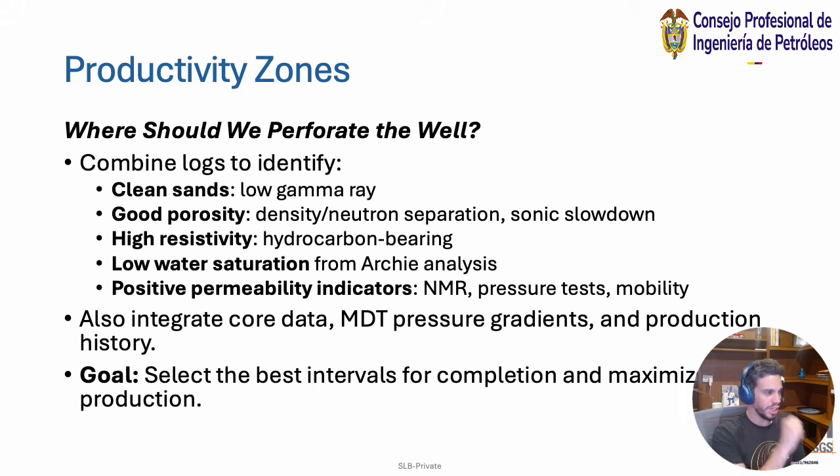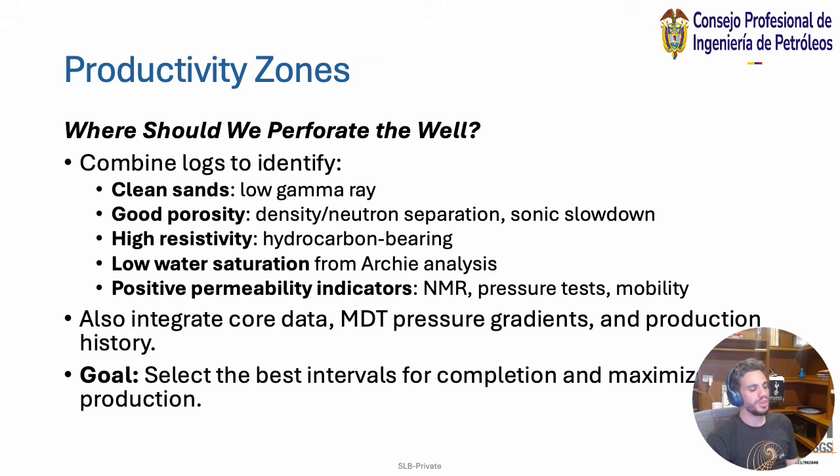So we combine all the logs to finally know whether we have our clean sands, do we have our good porosity, do we have the high resistivity, do we have the low water saturation, do we have the positive permeability indicators, and integrate all the data we've acquired, with the production history, and we want to select the best place or the best collection of places to maximize our production.